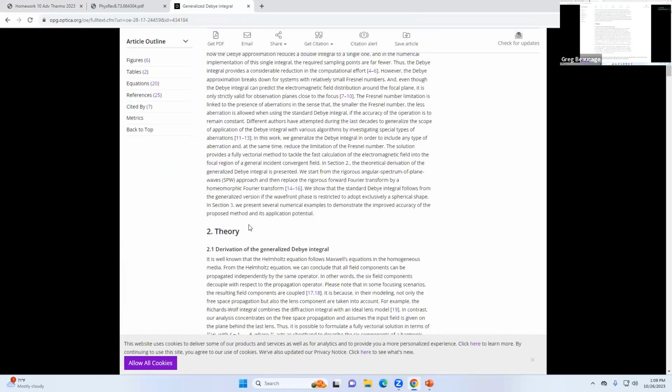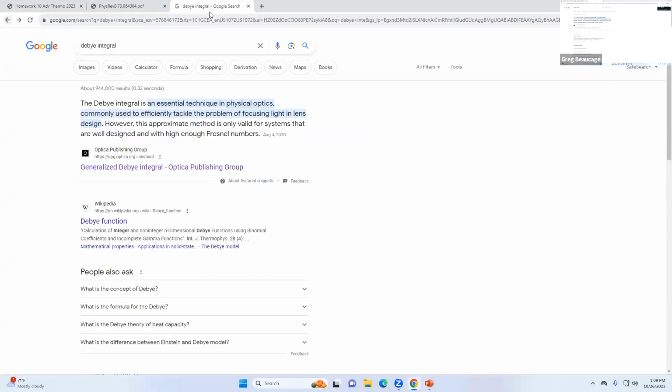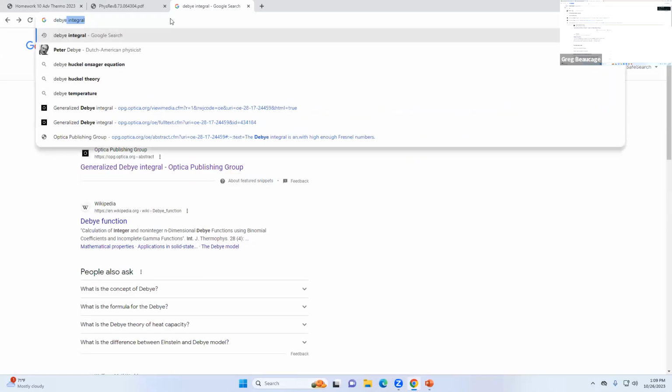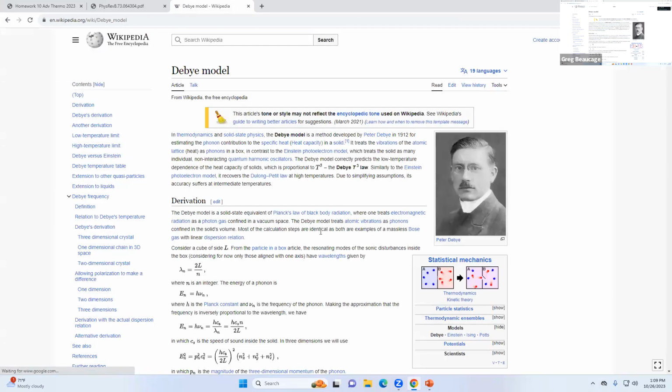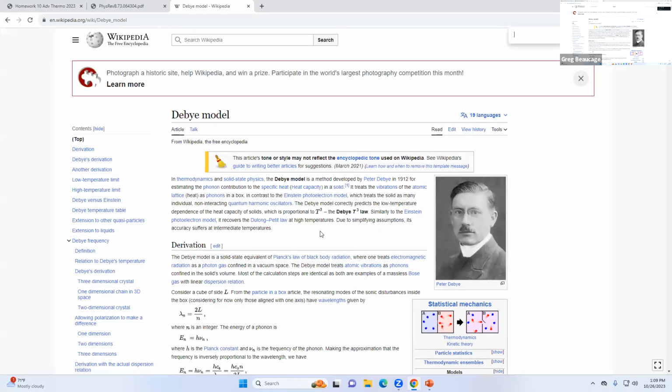There's actually a wiki page for this. Let's see. Debye model. Within that, find D3.